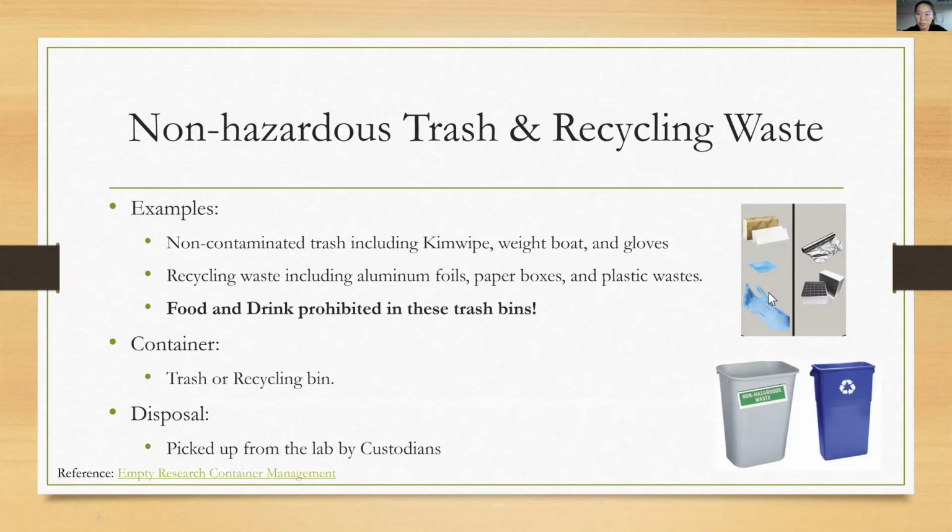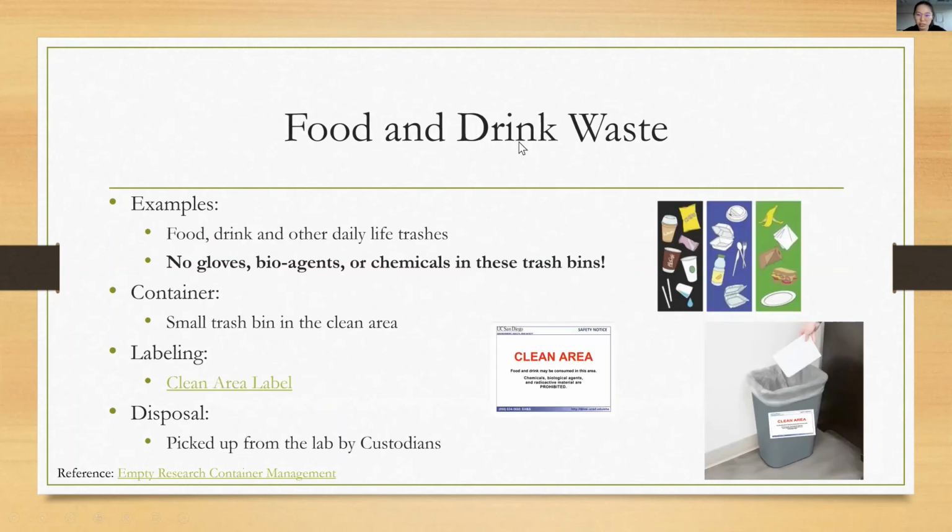Please be careful that food and drink waste are prohibited in these trash bins, so do not throw any of that into them. For food and drink waste, we have designated small trash bins inside the clean area, labeled with the clean area label. In those food and drink trash bins, no gloves, bioagents, or chemicals should be present.